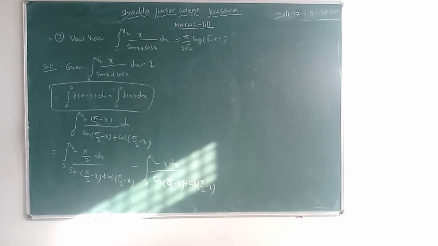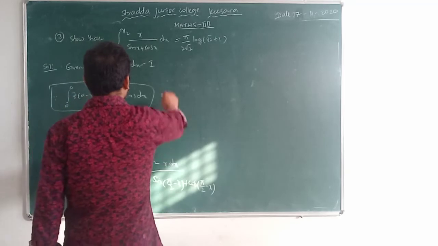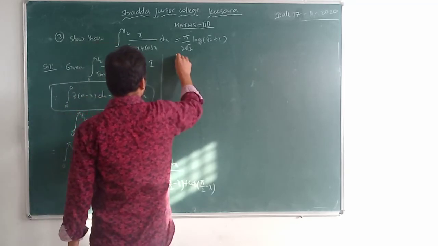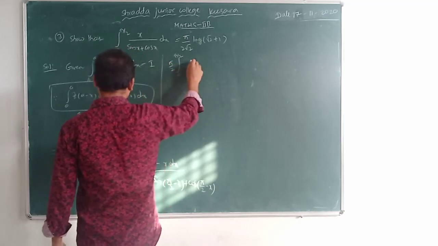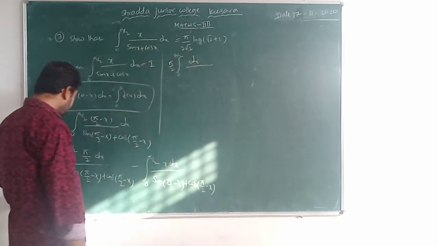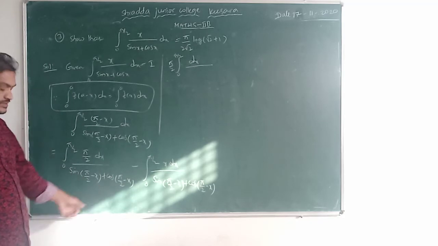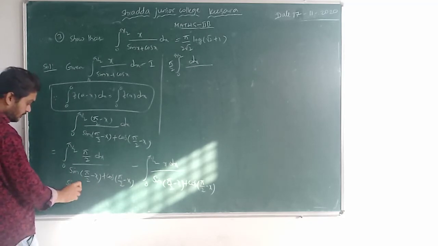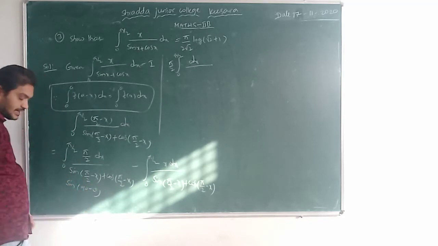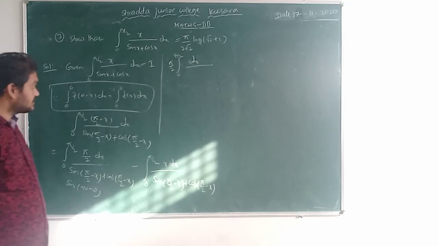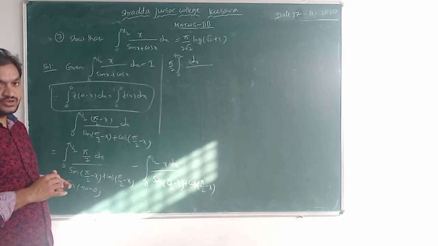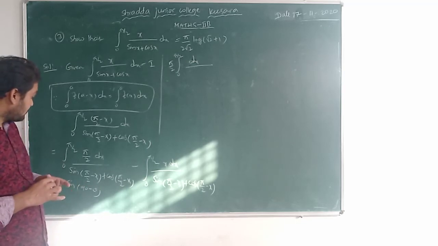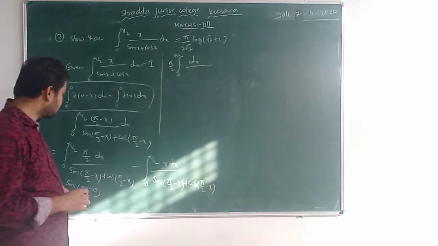See now, integration 0 to pi by 2, here pi by 2 is constant, then dx by, this is in which form? Sin of (90 minus theta). Pi by 2 means how many degrees? That is 90 degrees. So sin of (90 minus theta) lies in which quadrant? First quadrant, and in the first quadrant all are positive. So sin becomes what? That is cos.